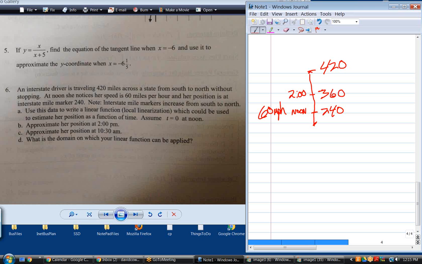We can go to a different problem. Her position at 10:30. Well, if I go backwards an hour and a half, she's going to go back 90 miles. So she would be at the 150 mile marker at 10:30. What is wrong with that analysis? Maybe that's all there is to this. Write a linear function. We haven't written the function yet.